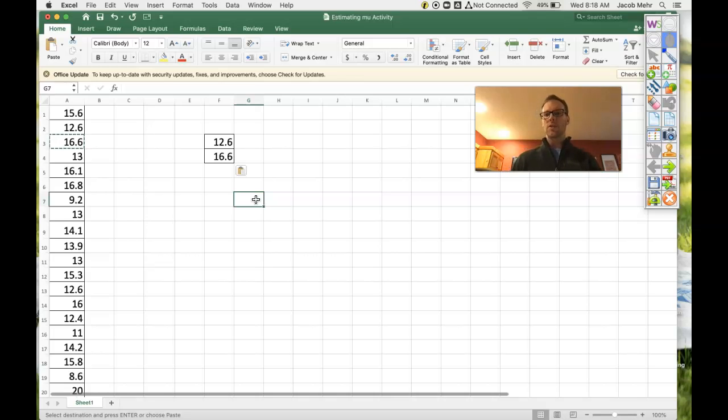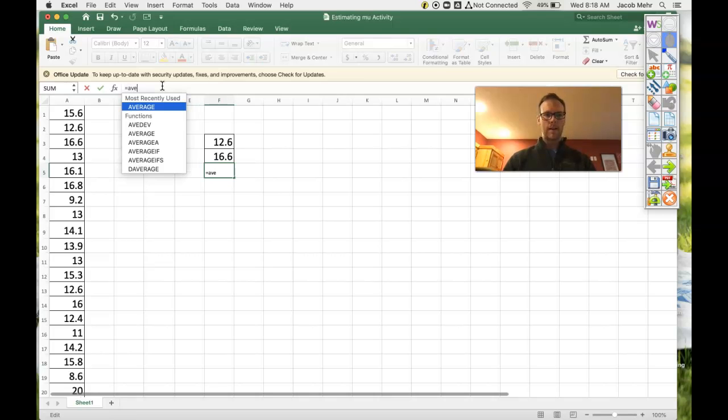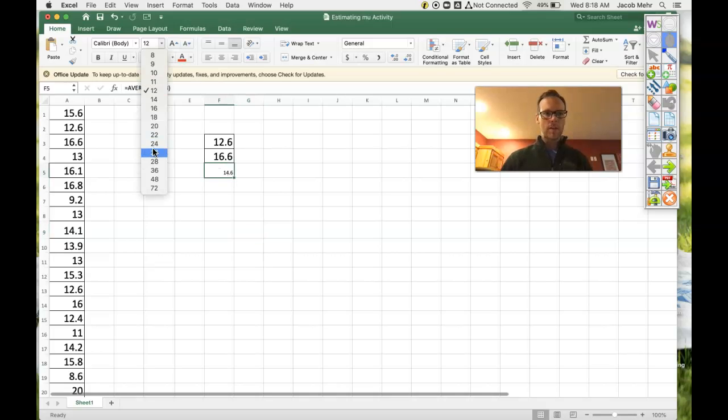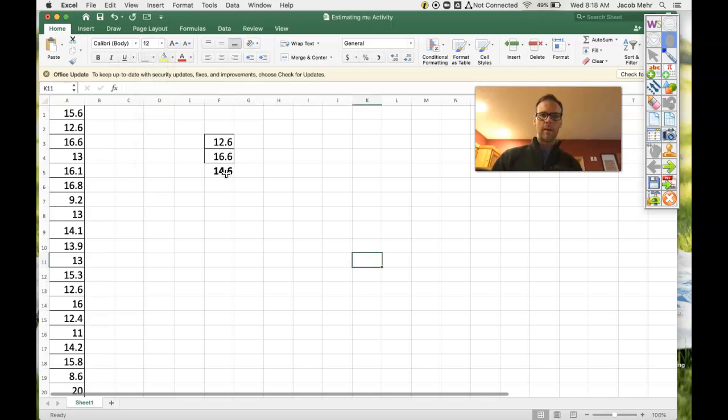Well, I might be interested in what the mean of these 2 numbers is. So I can use Excel to help me find the average here. We're going to find the average of those 2 numbers, and it is, oh, sorry, that's so small, 14.6. So this 14.6 is the average from the sample of size 2 that I took.